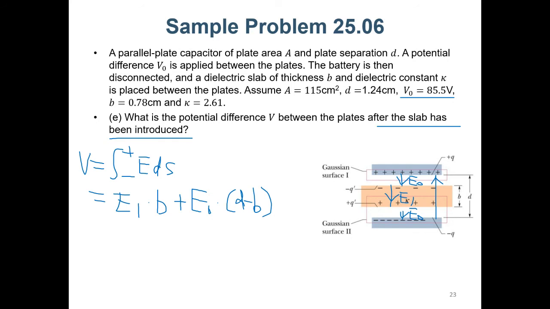So we have E0 times D minus B. So it's somehow like adding them together, and actually it's just like a series capacitance.